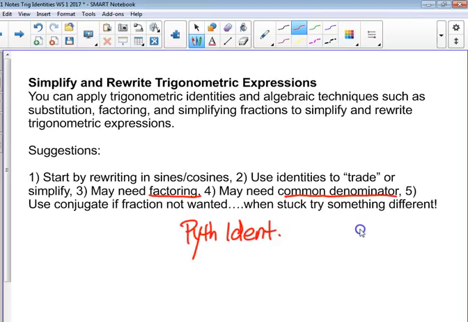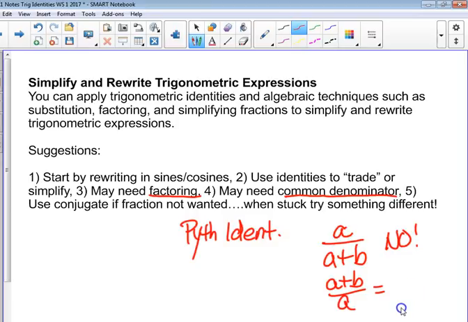All right, one more thing. Does this simplify? Can I simplify that? No. That does not simplify. If I write this, does that simplify? Not really. But could I rewrite that?